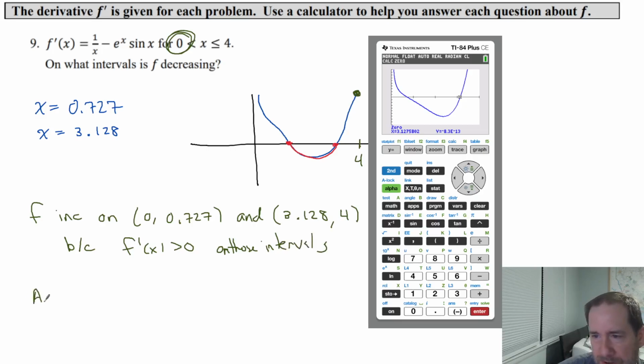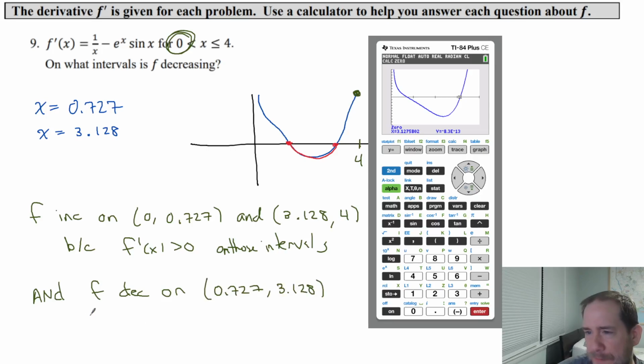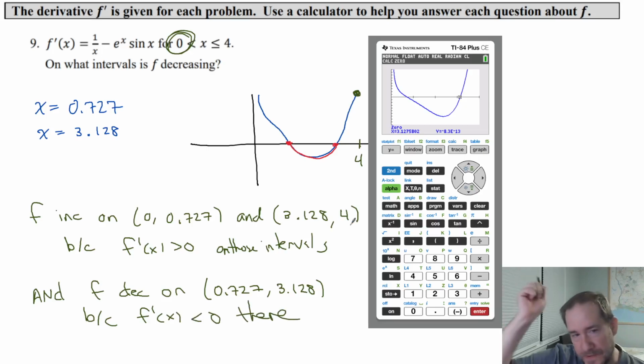And then just say, and f decreases on the interval between those critical values, 0.727 to 3.128, because the derivative is negative there. That's 9. All right. So far, so good.